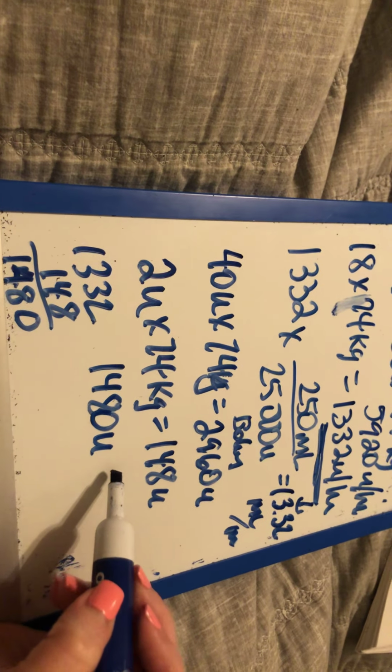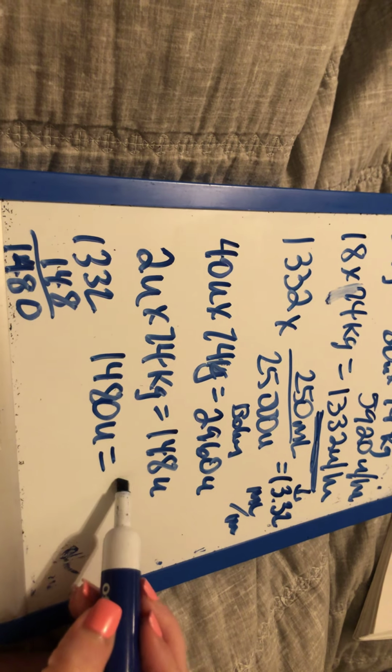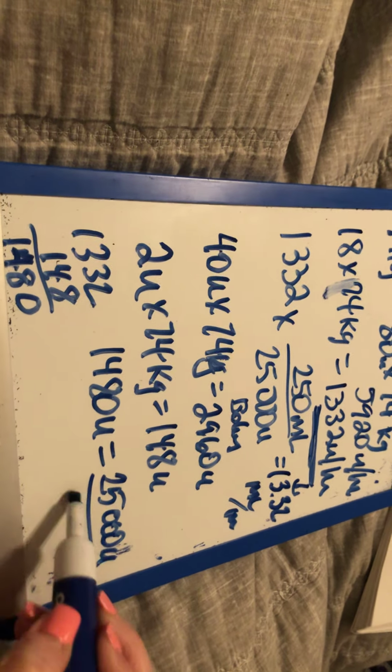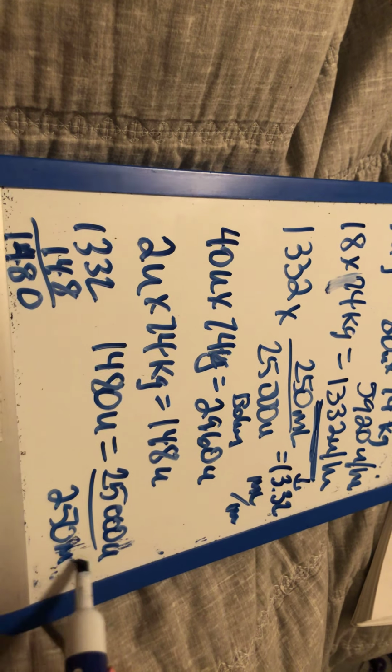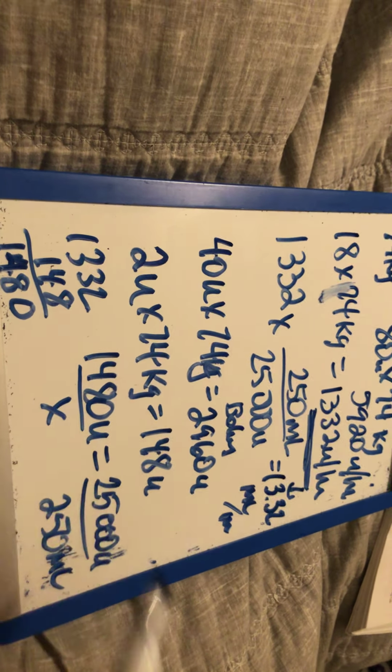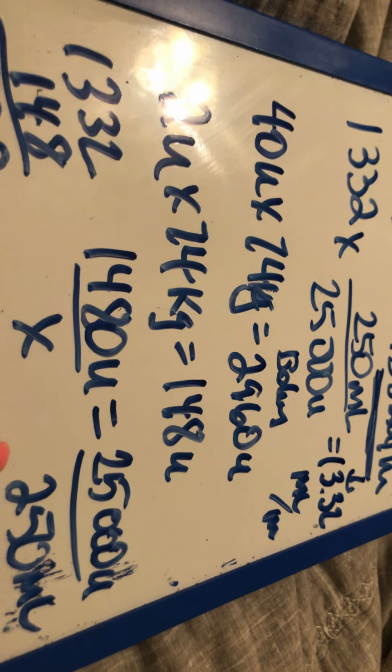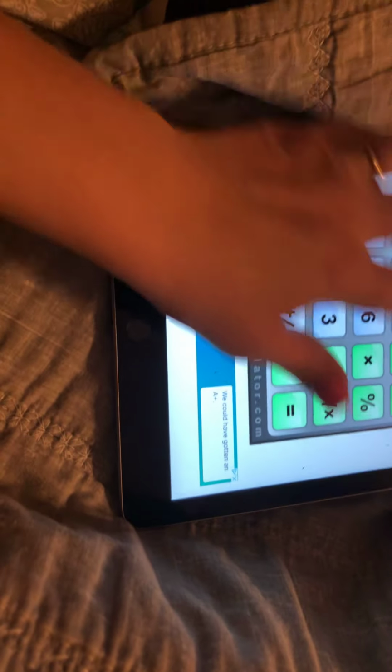And if we want to find that hourly rate, this time I'm using ratio and proportion. And when you calculate that out, we're going to multiply 1480 times 250 and divide it by 25,000.